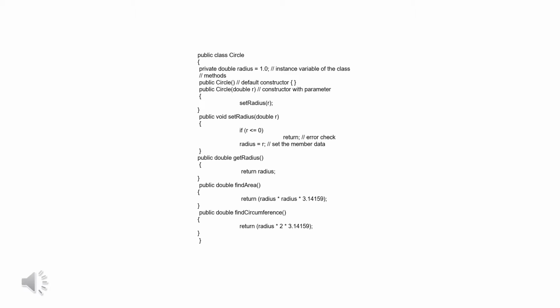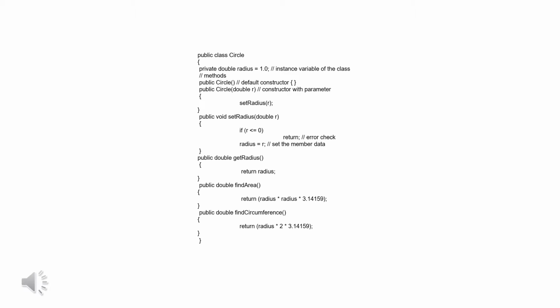And finally, circumference. Circumference is another method for computing the circumference of the circle. It will compute the circumference based on this formula, radius multiplied by 2 multiplied by pi, and we're going to return this value.